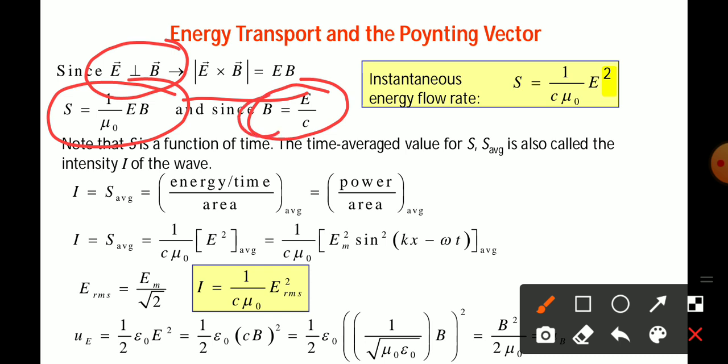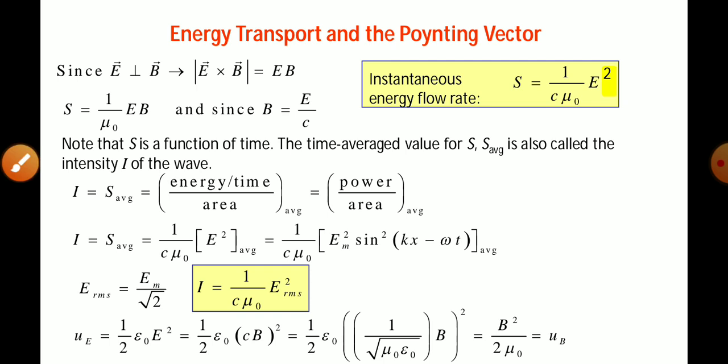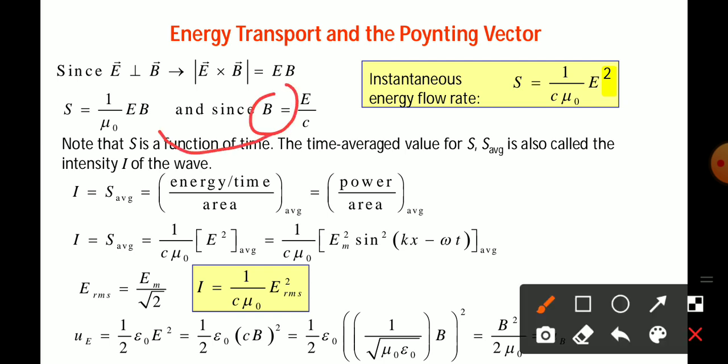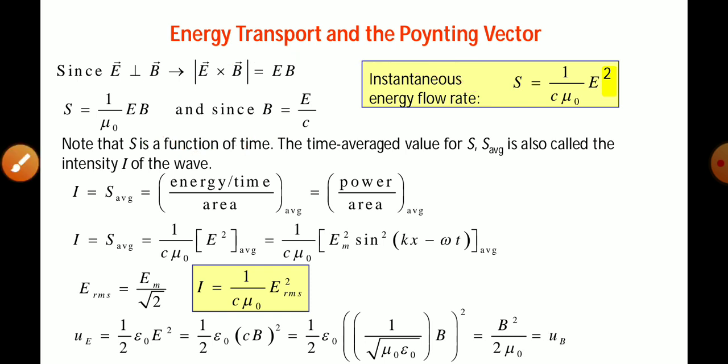If you put this value in this position, the expression can be modified such that the instantaneous energy flow S will be 1 by c mu 0 E square. Note that S is a function of time.